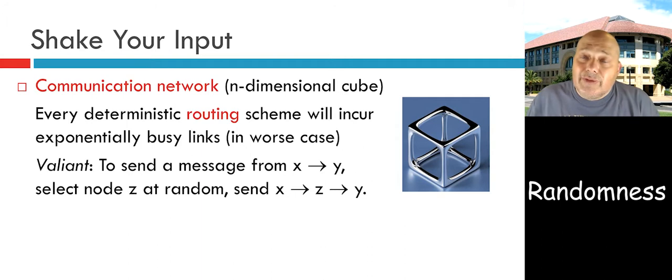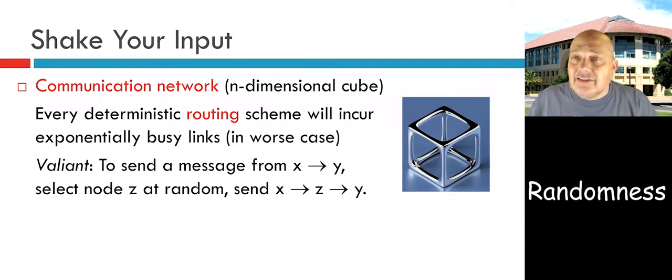So I want to send my message to Y, but instead I'll first send it to Z, which is random, and then I will send it from Z to Y. Turns out that this way, the congestion that we expect on every edge is a constant, which is quite amazing.